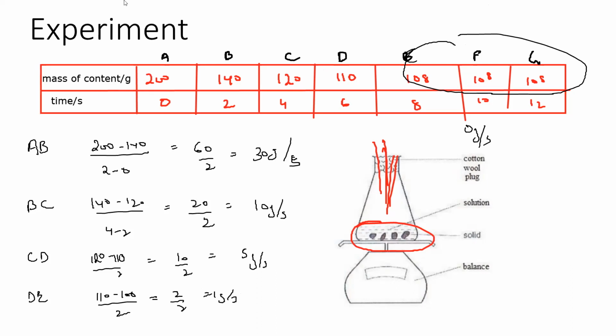And when we sketch a graph for this result, we have mass and time. In the beginning we have 200, and then it changes to 108, and it will be constant.